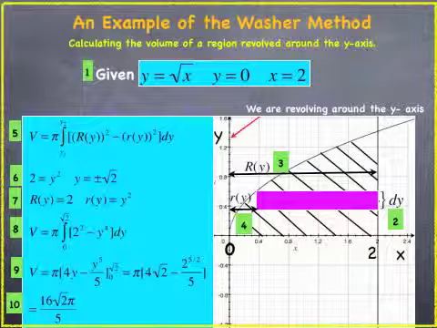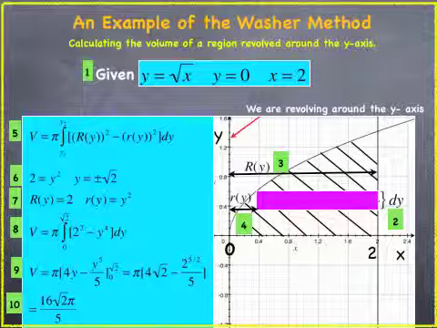Again, if we want to calculate the inner radius, since it's a horizontal measurement, right minus left. The right side of that rectangle touches the graph, whatever that is, and I'll focus on that in a second, minus the left side, which is just our axis, so that's 0.